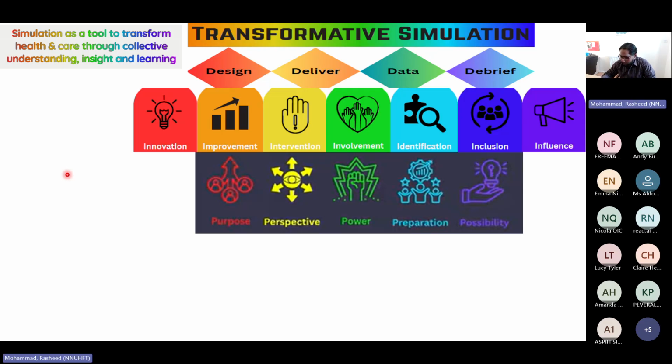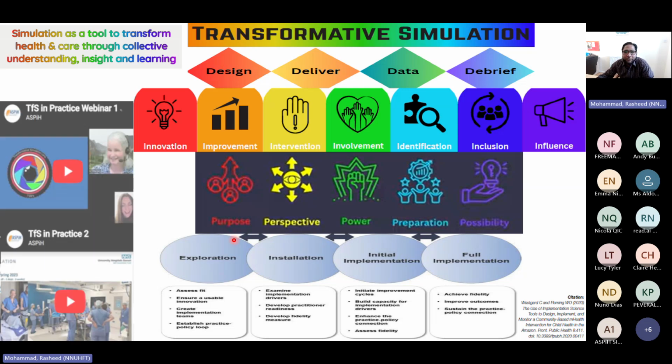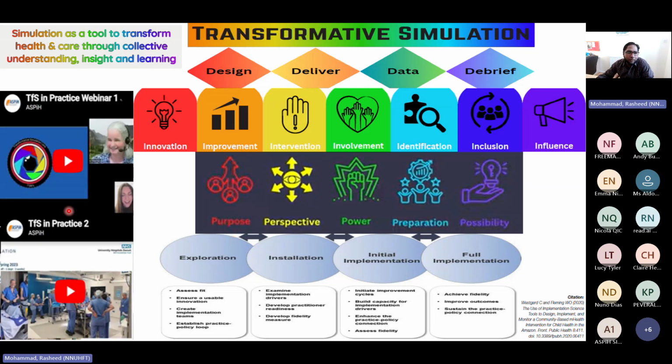Only when we realize what these things are does the real work of implementing any change that we come up with start. We got a few examples in the previous webinars by brilliant speakers, but rather than going through the details, I think I should signpost you to the ASPE Transformative Simulation SIG web page, which describes it in much better words than I can.